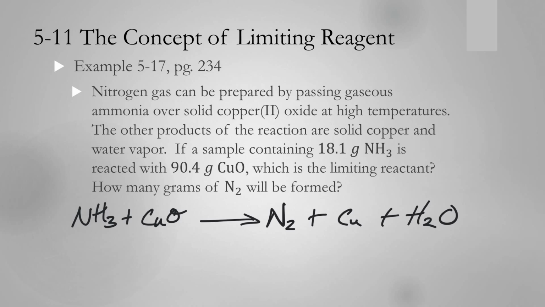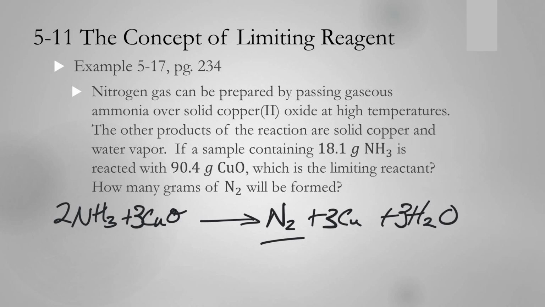Now we need to balance it. So we have 2 nitrogens, which means we need 2 nitrogens there. And we have 6 hydrogens on the left now, 2 on the right. If we put a 3 in front, that gives us 6. We have 3 oxygens on the right, which means we need 3 there and 3 there. So there's our balanced equation.